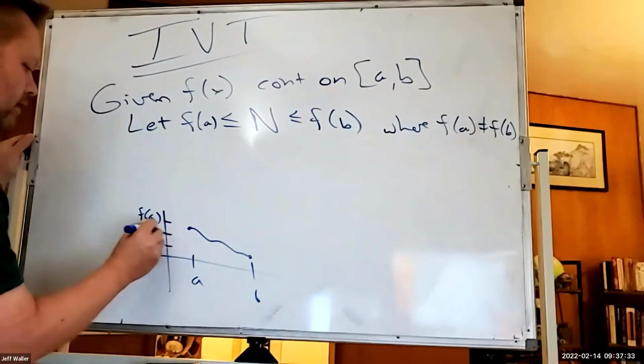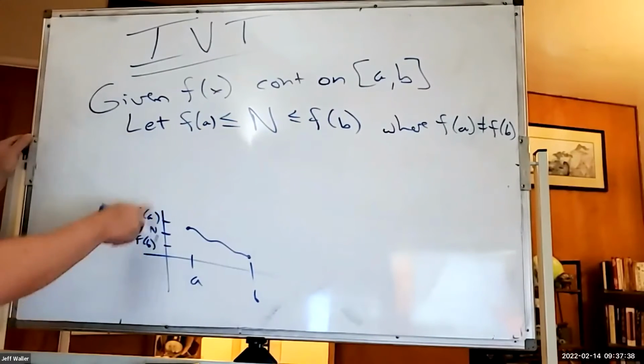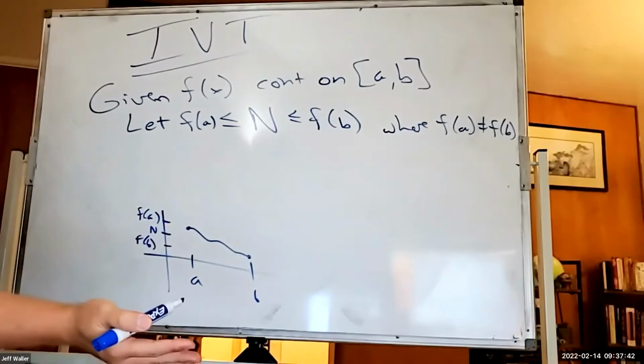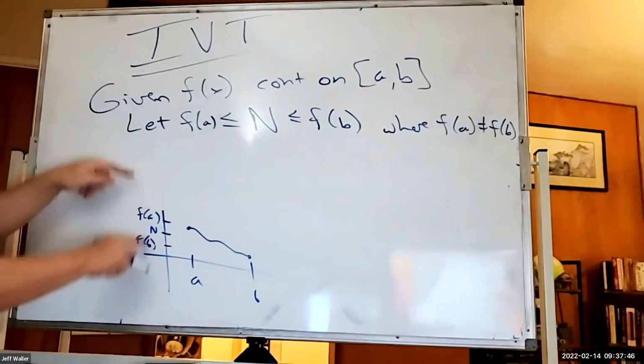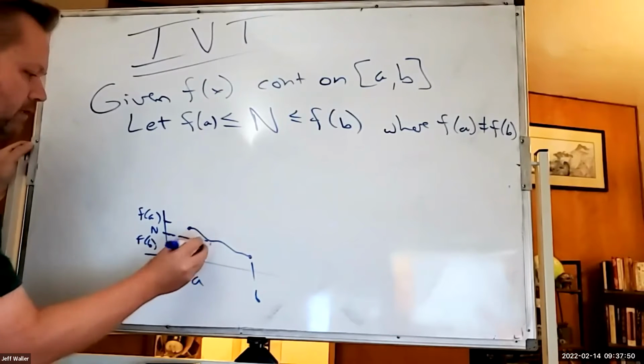And n is between f of a and f of b. It doesn't really matter which one is where. So n is between f of a and f of b. Doesn't it make sense? Then obviously there's got to be at least one place.